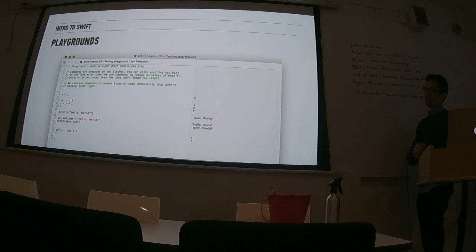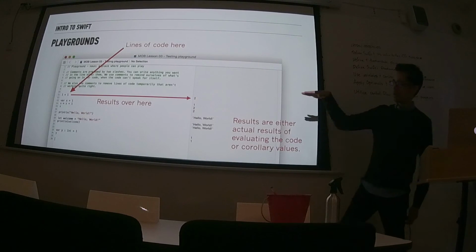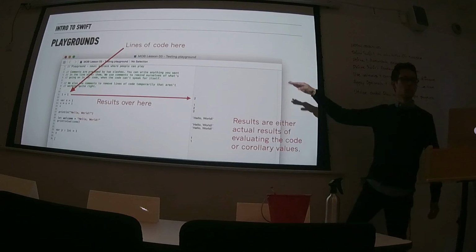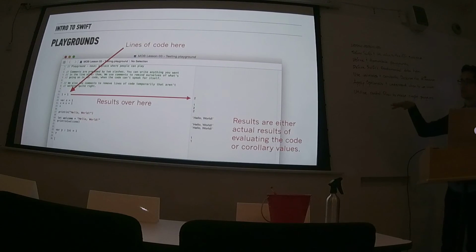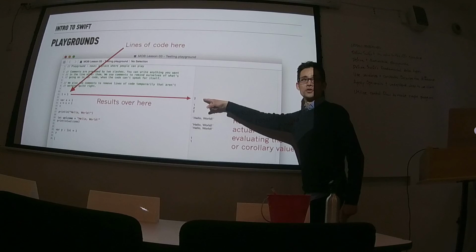And so it's a great place to actually learn about how code runs. So things like loops, which we're going to talk about at the end of the course, become much less opaque in a playground. The way this works is you write lines of code on the left-hand side, and then on that same line over here, you'll see the result of that computation. So in this case, 1 plus 1, indeed, according to Swift, equals 2.